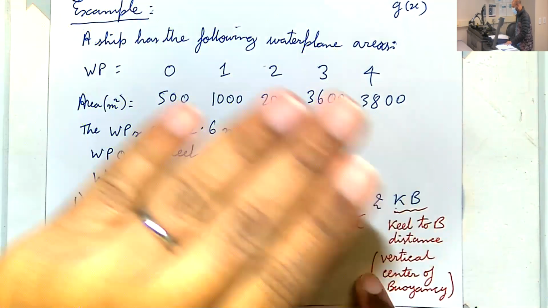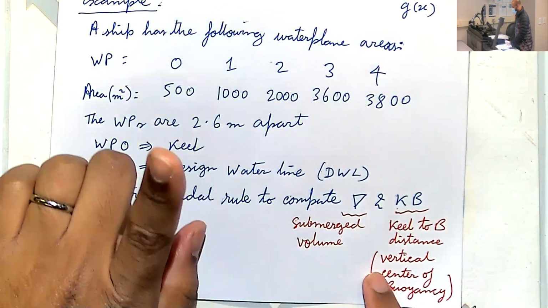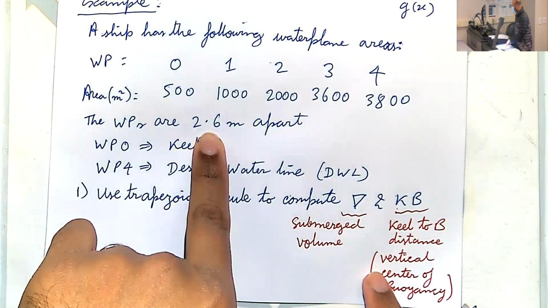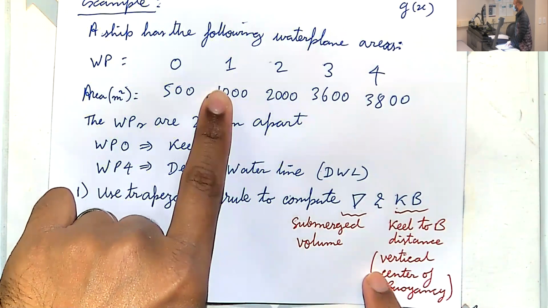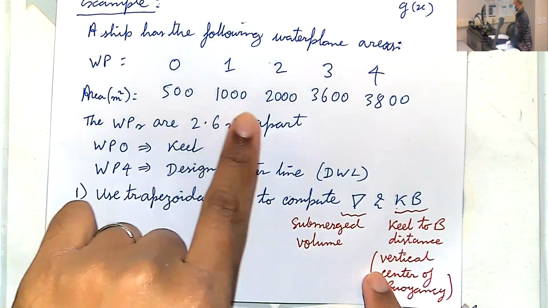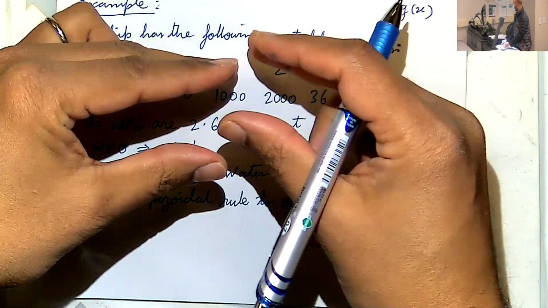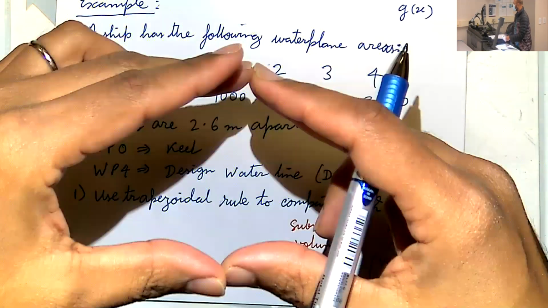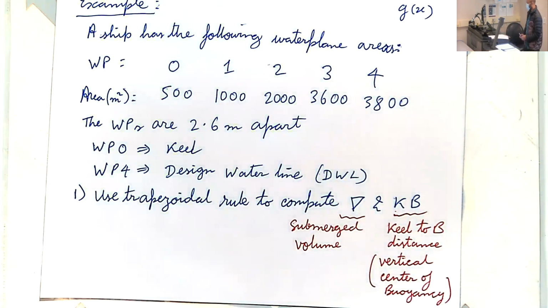The area of the slice that you get is 500 meters squared. You move up from the keel 2.6 meters, and the next slice is 1,000 meters squared. Move up another 2.6, 2,000 meters squared. So it's basically the water plane area keeps increasing as we go up, which makes sense because the hull shape is usually narrower towards the keel.